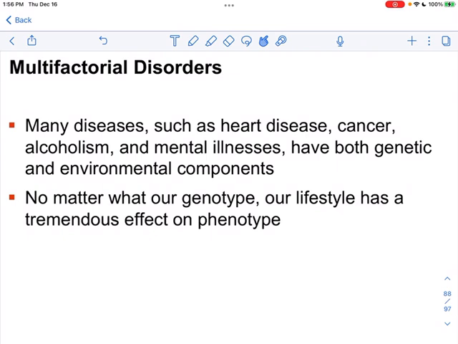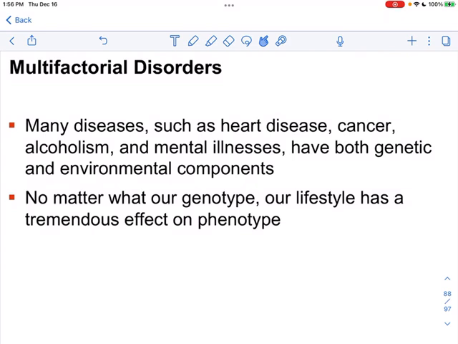Remember we talked about those multifactorial traits that are governed not only by several genes, but also by environmental factors. So we have loads of diseases: heart disease, cancer, alcoholism, mental illness, all that have been linked to not only genetic causes, but also environmental components.